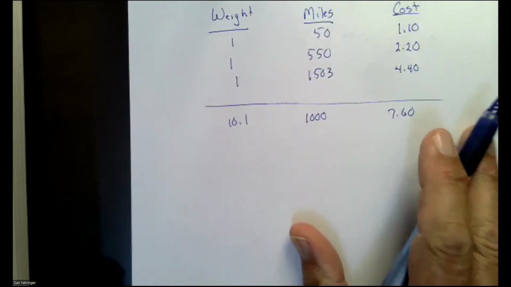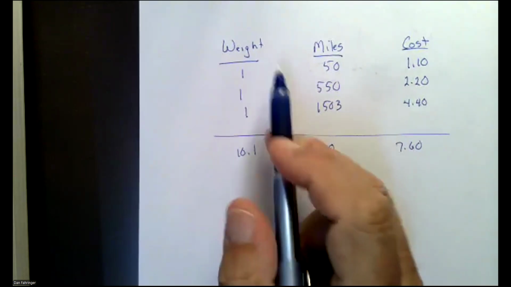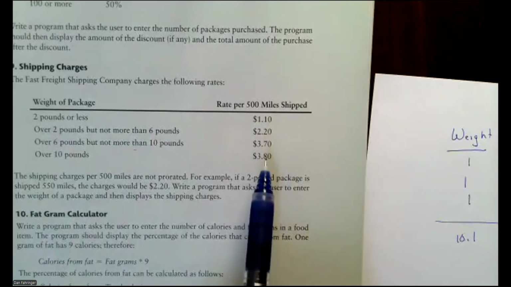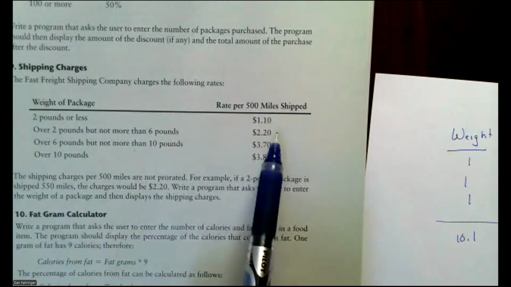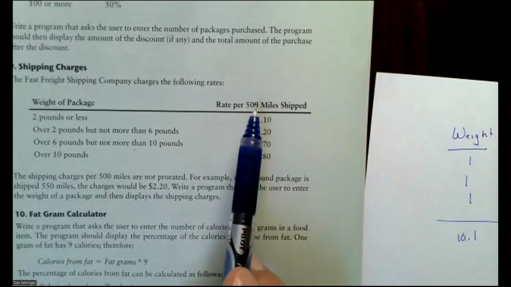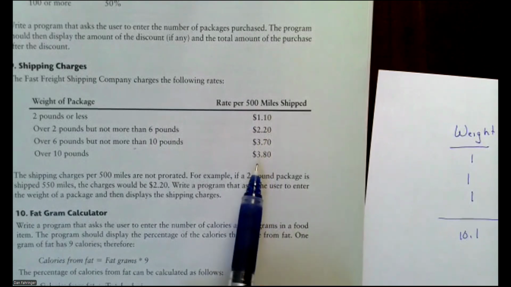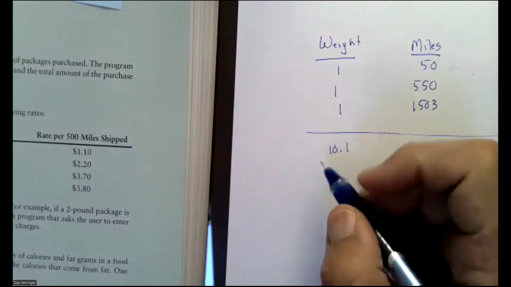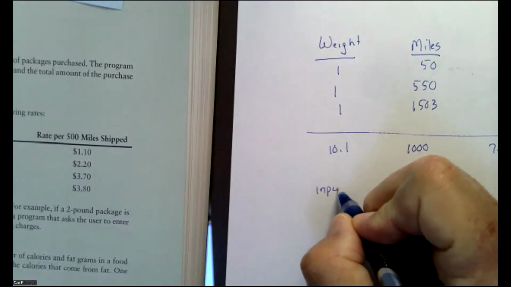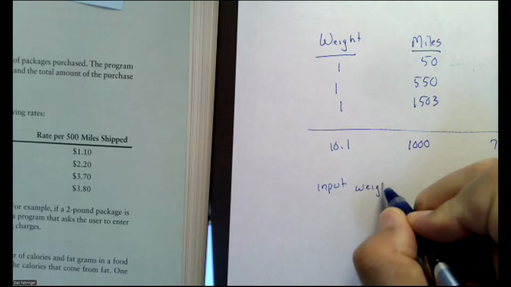All right. So what am I going to do? First of all, I need to check the weight, and depending on what the weight is, this is going to be the cost. Once I have that done, then I'm going to check the miles and see if I need to multiply this. Make sense? So if I'm writing an algorithm, the first thing I need to do is input weight.